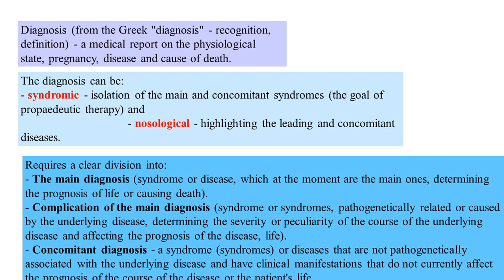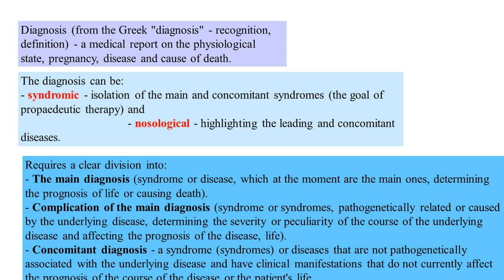Example: bronchial obstructive syndrome, when our bronchi become narrow, or myocardial injury syndrome, or arterial hypertension syndrome. The next type is nosological diagnosis, highlighting the leading and concomitant disease. For example, bronchial asthma or myocardial infarction or angina pectoris are nosological diagnoses.